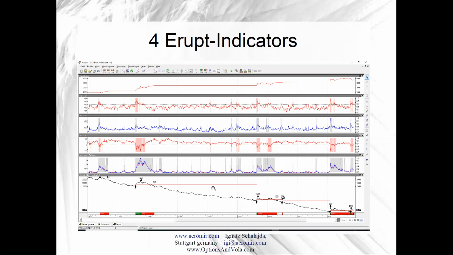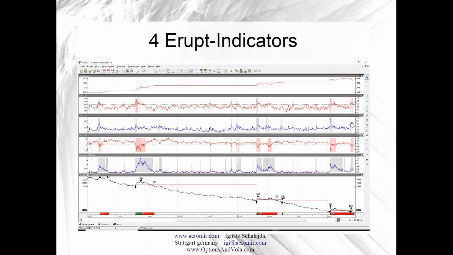And you have different signals here. This one is, for example, the VVIX, which gives also some signals about a certain level.